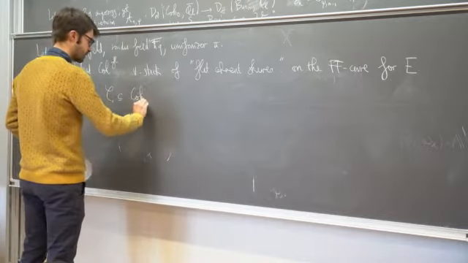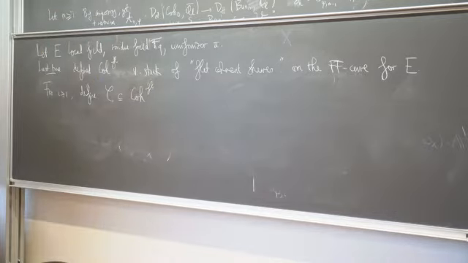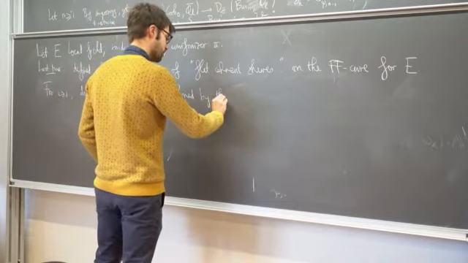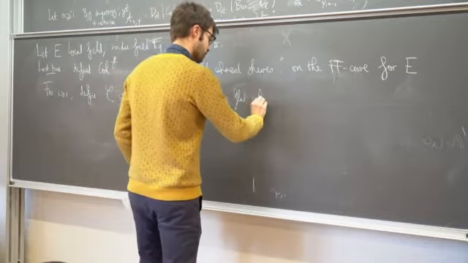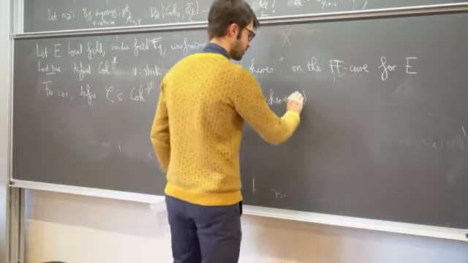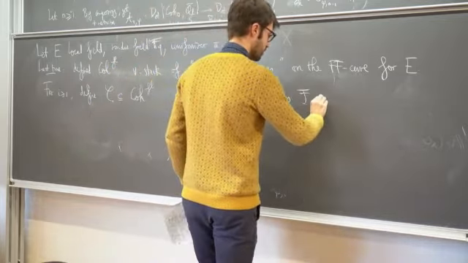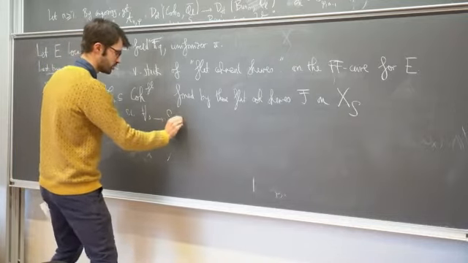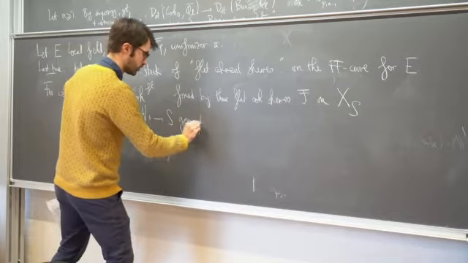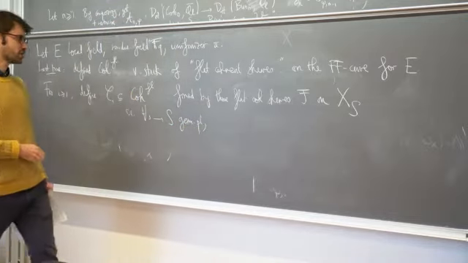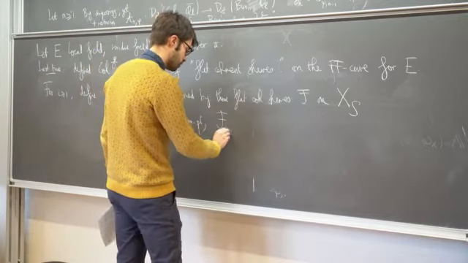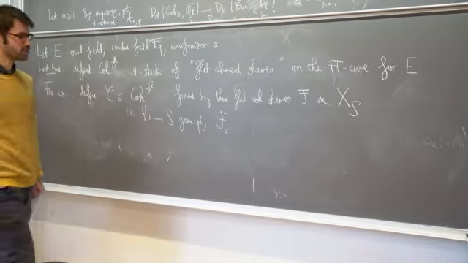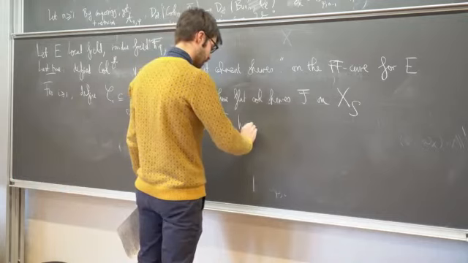It will be an open substack of this stack, formed by those flat coherent sheaves F on a relative Fargues-Fontaine curve, such that for every geometric point, if I look at the pullback of F to the curve over this geometric point, I want to require that F_s has generic rank i.